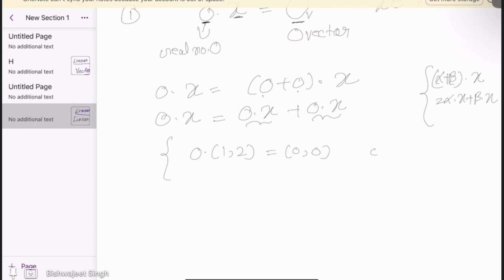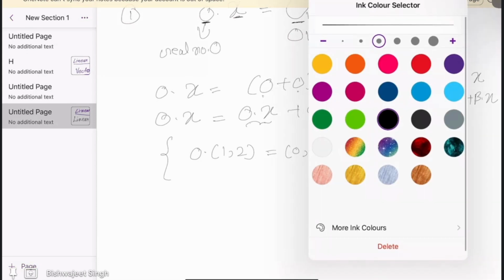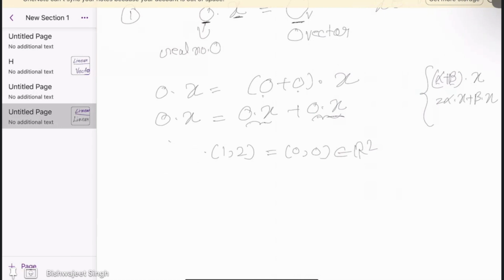So this belongs to my R2. This is not the real number 0. So this 0 dot x and this 0 dot x are elements of V.